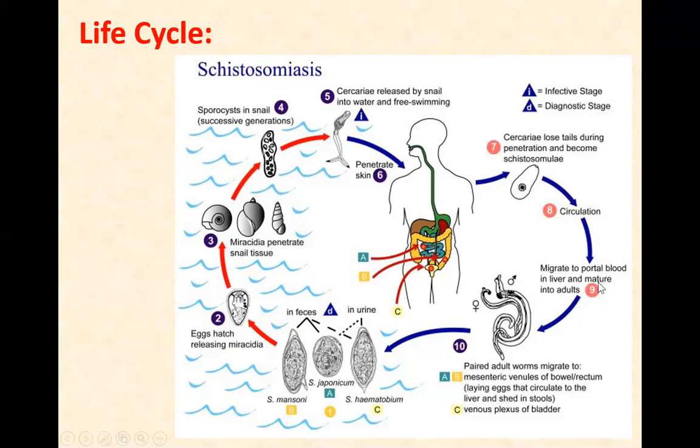They mature there into adults, and in case of haematobium, they reach the vesical plexus, the venous plexus around the urinary bladder, where male and female mate, the gravid female lays eggs, and eggs are passed into the urine. And this is how the life cycle of Schistosoma haematobium is completed.